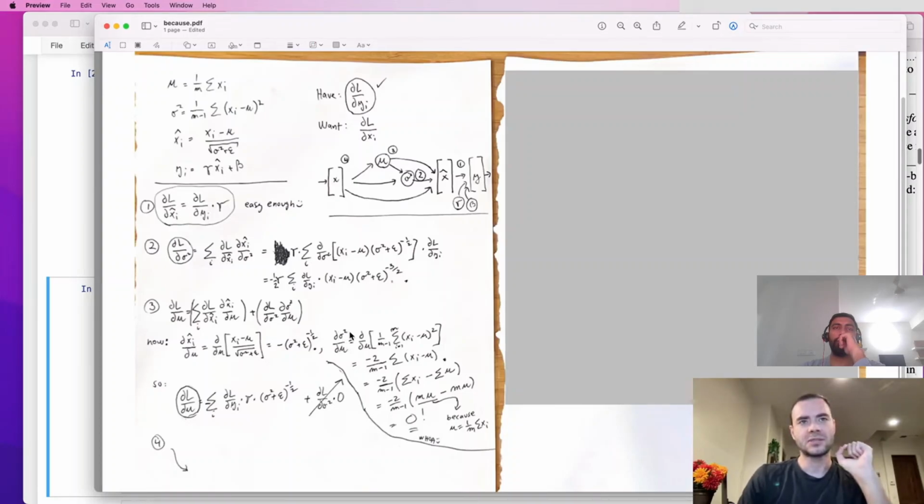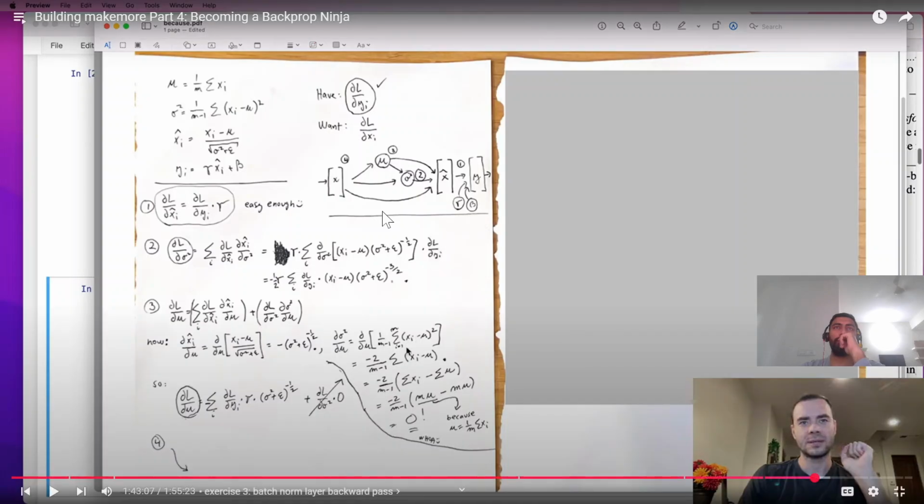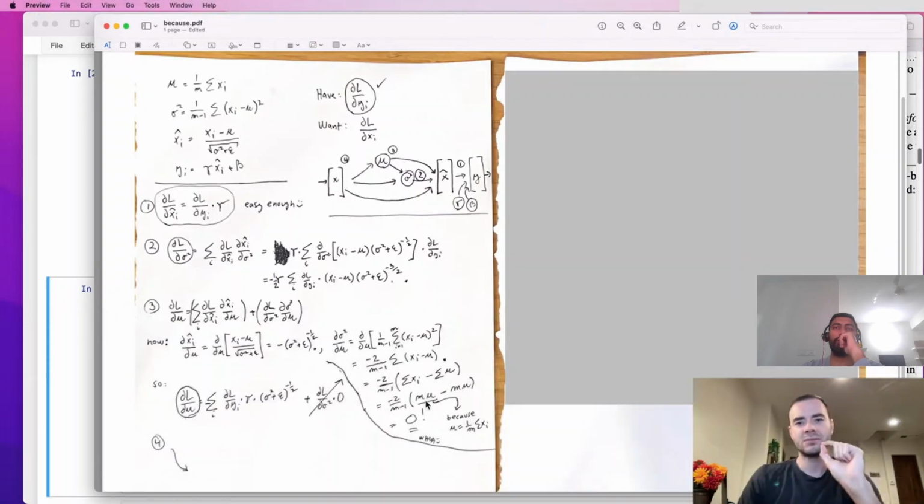When we look at d sigma square by d mu, and we simplify, at one point, if we assume that in a special case where mu is actually the average of xi's, as it is in this case, then if we plug that in, then actually the gradient vanishes and becomes exactly 0. And that makes the entire second term cancel.